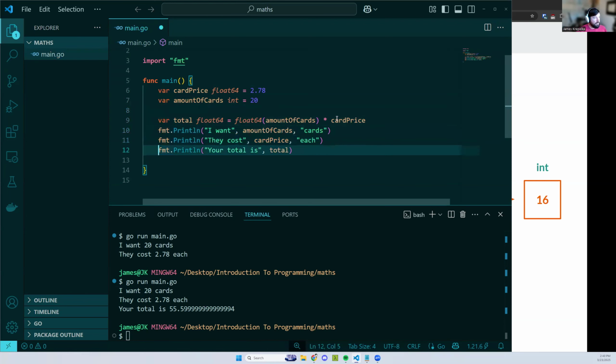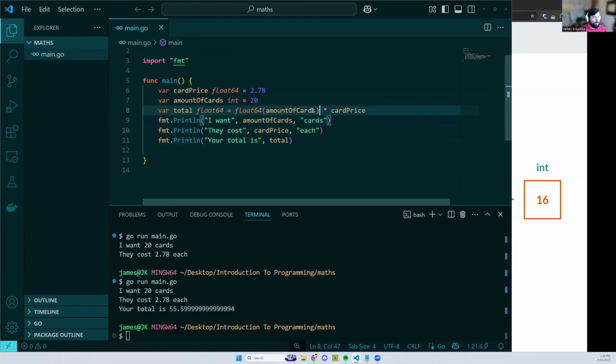Now, what's interesting is it doesn't change it forever. It's a temporary manipulation. This says, hey, I want the integer of amount of cards to be a float 64 temporarily for this calculation. And now we know how to multiply a float 64 times a float 64 to get some answer. But I have to forcefully do that every time. And if I say your total is, I can say stuff like that is just over, check this out, int dollars.